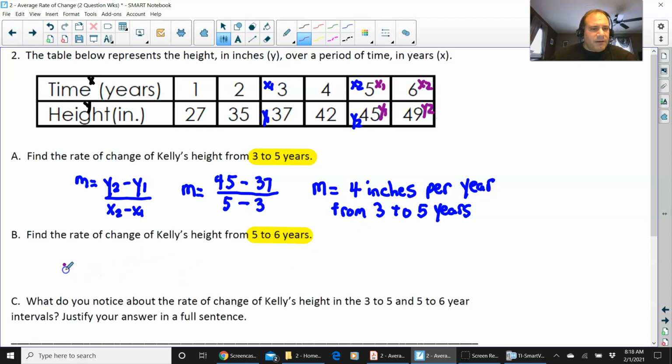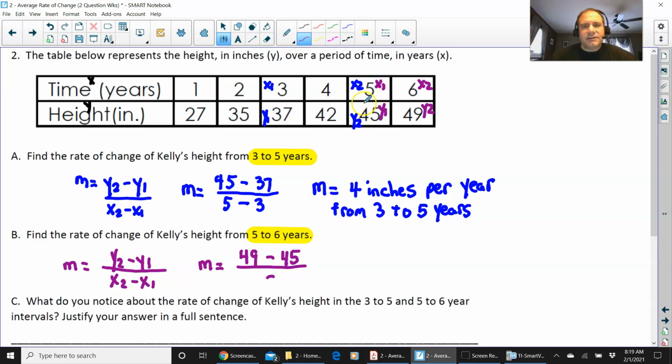So again, we are going to write down that formula of y2 minus y1 over x2 minus x1. And we'll set that up. Y2 is 49 minus y1, which is 45. We are using the 5 to 6 years that they told us to use. And then it's 6 minus 5.